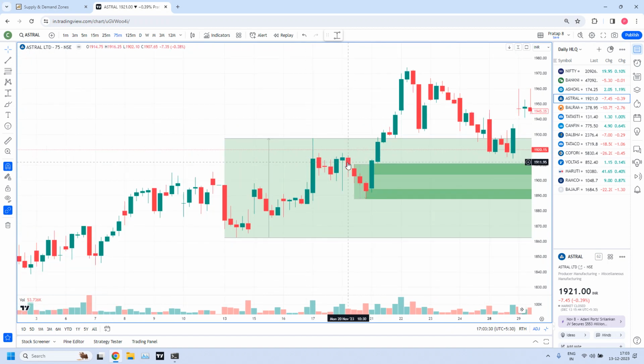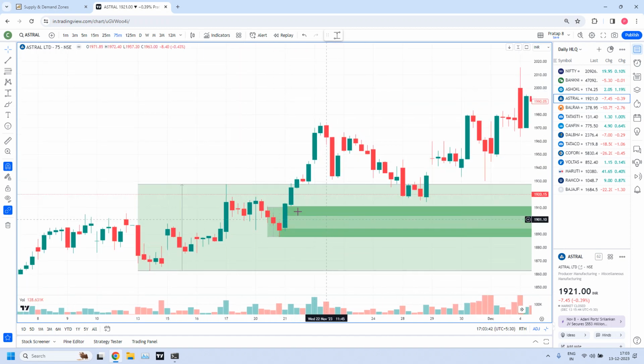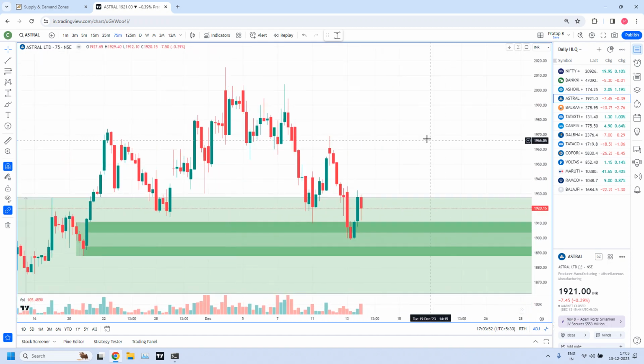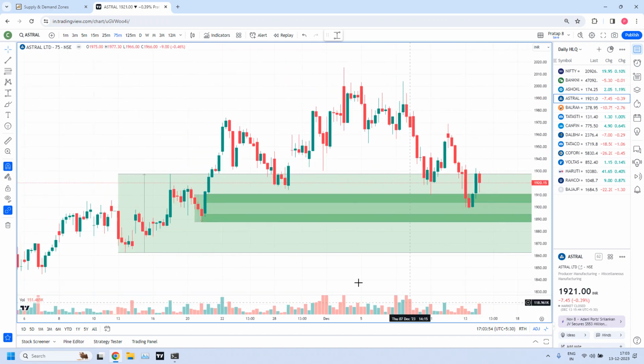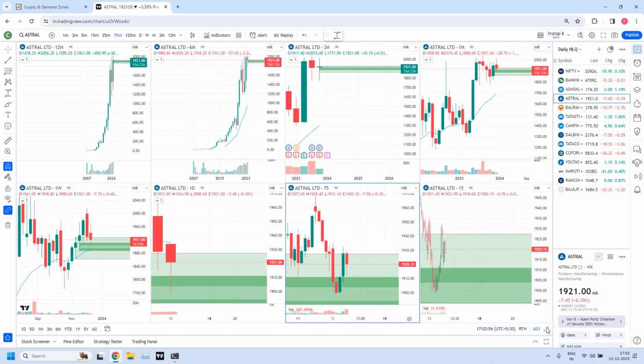Here we have a drop candle, either you can consider this or you can consider this ERC candle. That way I have drawn this zone, and inside this 75 minutes, I identified two 15-minute zones. Let me get into the 15 minutes time frame inside the 75 minutes.